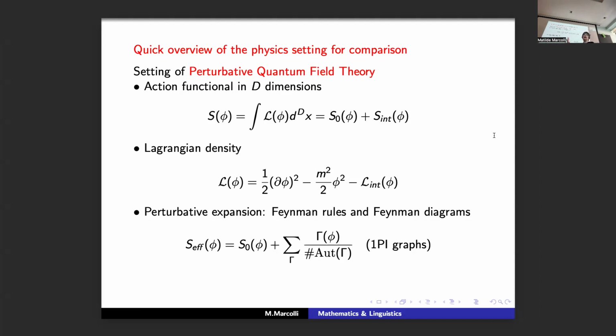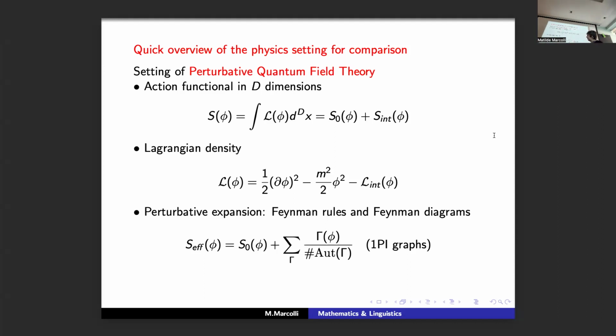The kinetic term is basically the free field with no interaction, and then you have some other terms, usually polynomial in the field, which are the self-interaction of the field with itself. It could be a phi cubed theory, meaning it has a cubic interaction, or a phi 4 theory, with a degree 4 interaction, or a combination of phi 3 and phi 4 with several possible interaction terms.